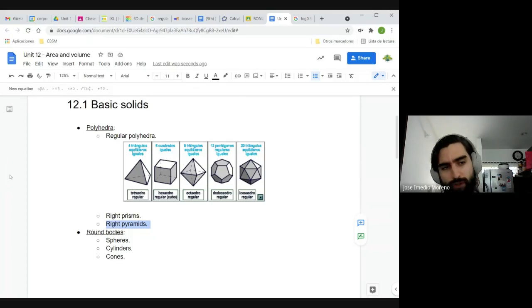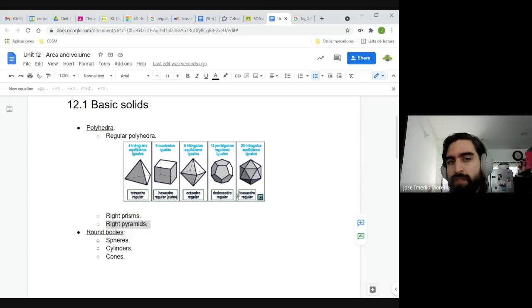So what is a regular polyhedron? Regular polyhedra are those polyhedrons in which all the faces are congruent polygons. These five are the most common ones. First one is the tetrahedron.